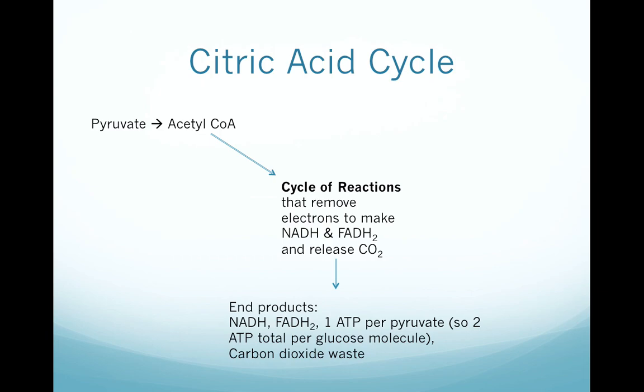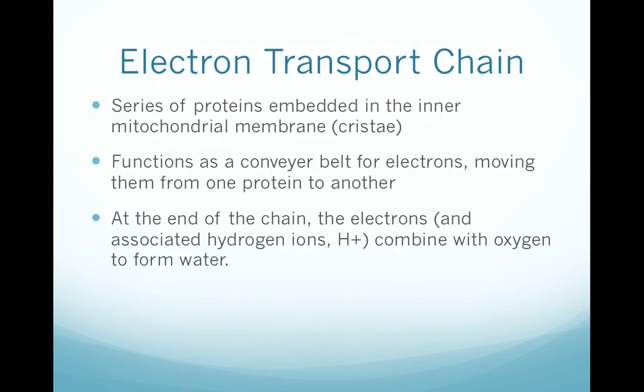Since each glucose molecule makes 2 pyruvates, the cycle actually occurs twice per glucose molecule. So that means a total of 2 ATP are made per glucose molecule. So now the question is where are all these electrons going that are being carried by NADH and FADH2? Well, they're actually going to be carried to the final stage in this process, which is the electron transport chain.